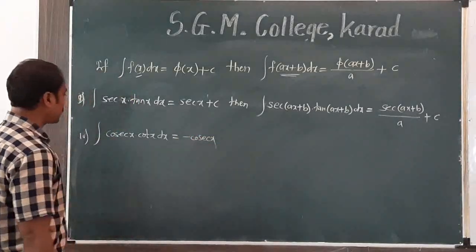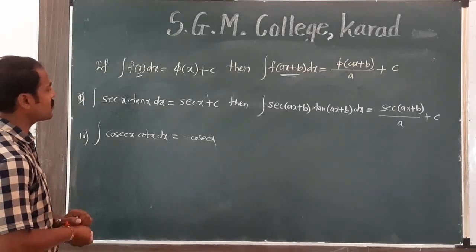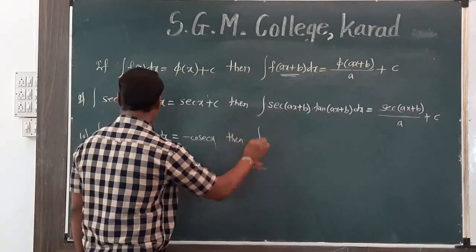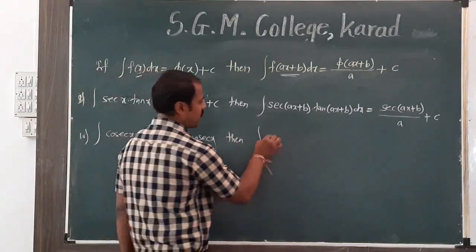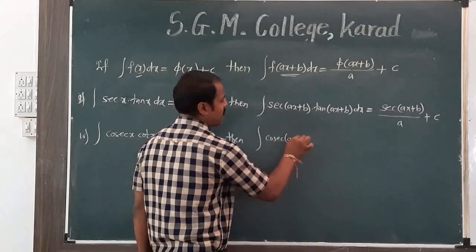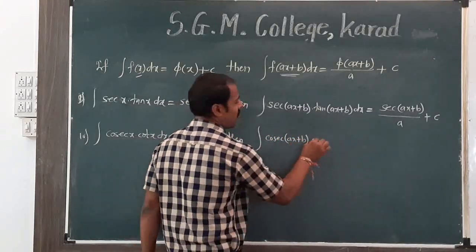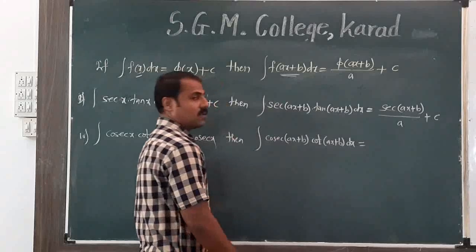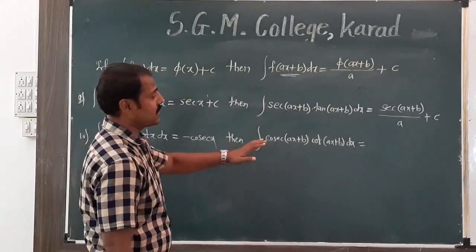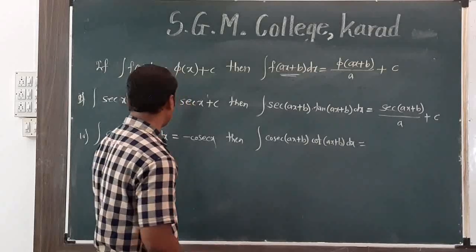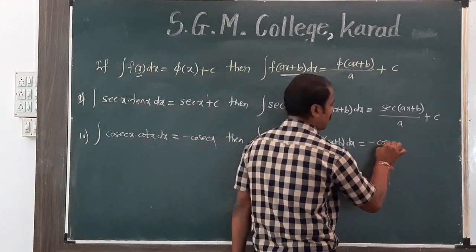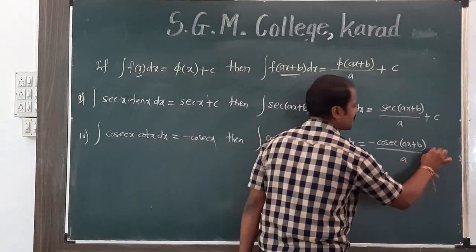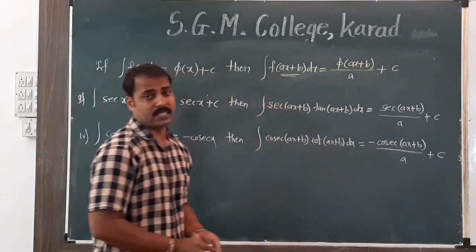So the new formula for integration of cosec of ax plus b into cot of ax plus b dx is equal to minus cosec of ax plus b divided by the coefficient of x plus constant of integration c.